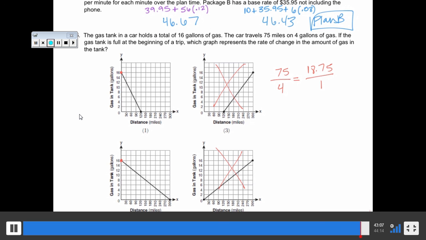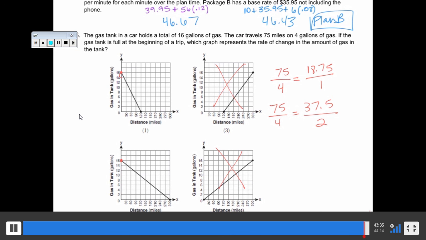And actually, let's look over here because our graph is going down by 2 in the gallons in the tank. So I'm actually going to redo this, 75 divided by 4, and I'm going to divide each of those by 2. So that's going to be 37.5 miles every 2 gallons. And this is only because this is going to be the easiest way for us to look at this graph.